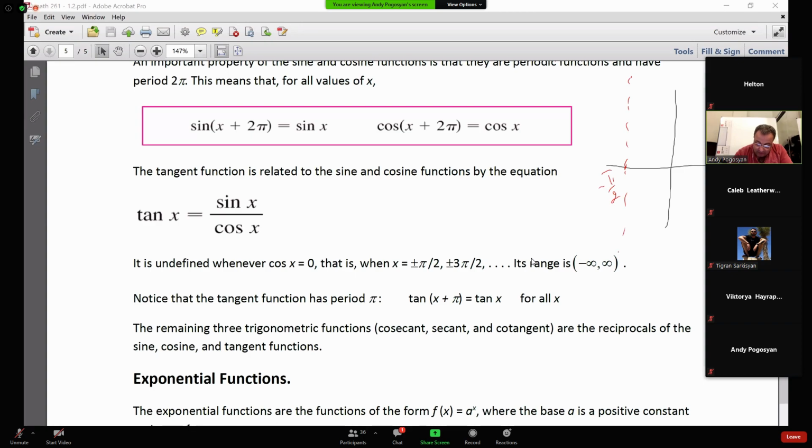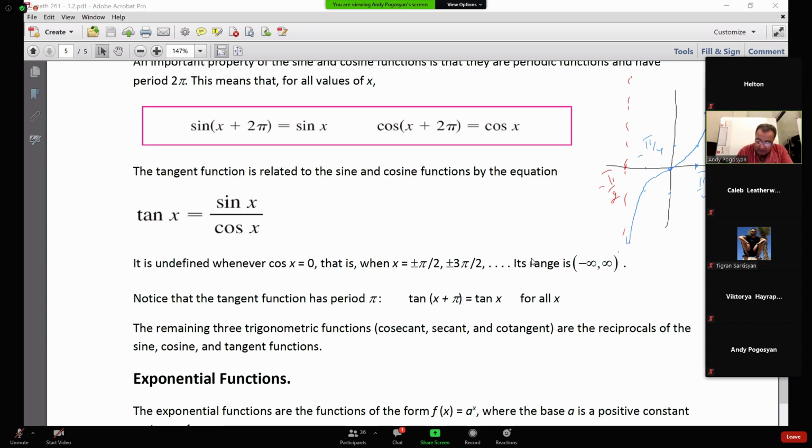At pi over 2, we have a vertical asymptote. The graph has this form. At 0, we have 0. At pi over 4, we have 1. At negative pi over 4, we have negative 1. So the graph goes like this, getting closer to the asymptotes.